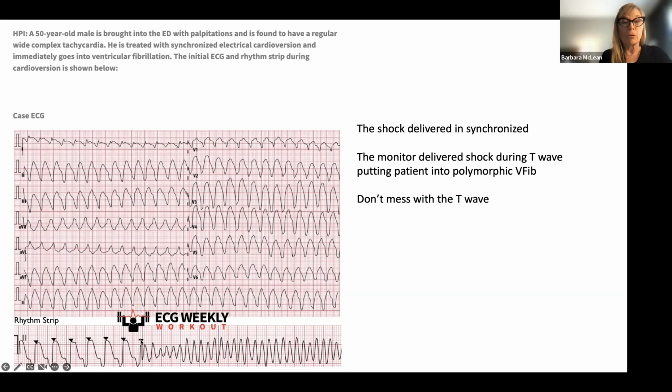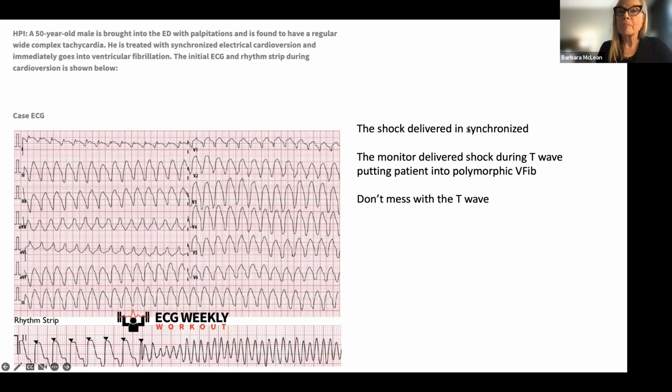So it does get depolarized right there on the T wave. And of course, what happens to the patient? The patient goes basically into a polymorphic VT. Can't say for certain that it's TDP, meaning torsades de pointes, because you have some criteria that have to be matched for us to say that it's TDP.